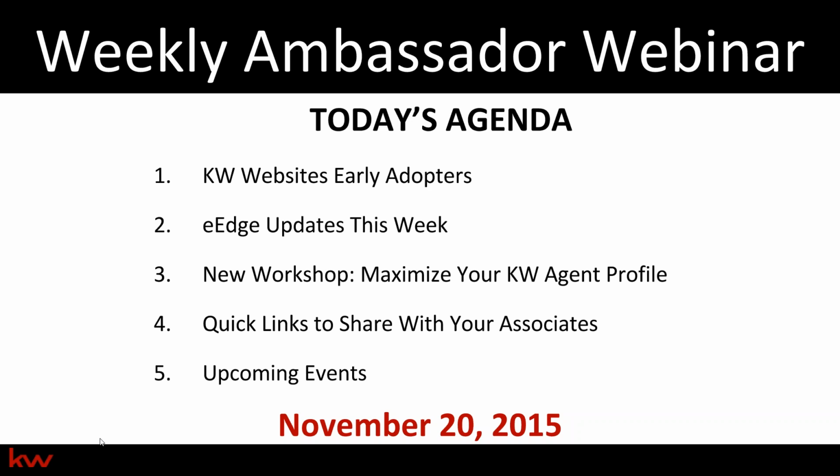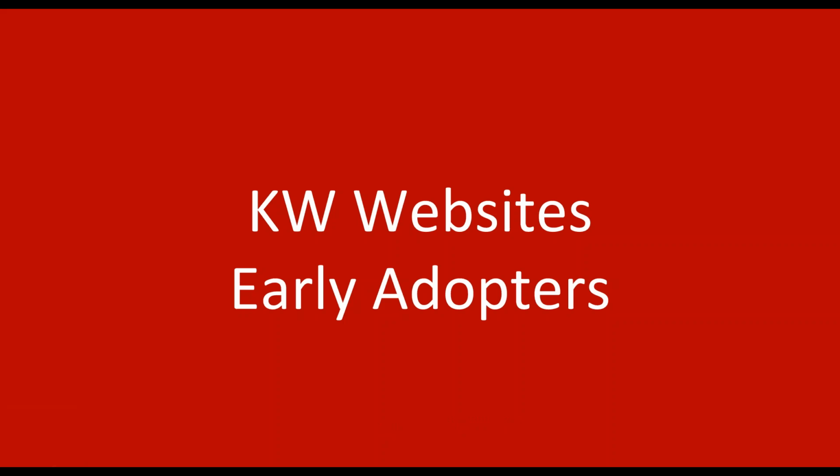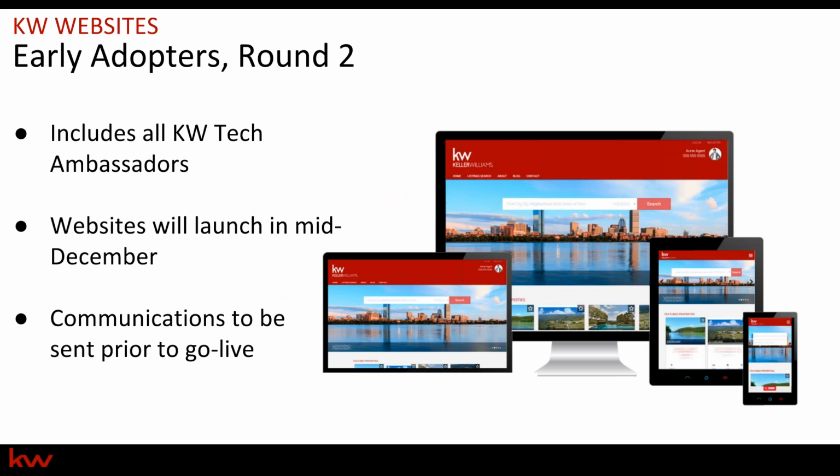I'm just going to advance the slides and start with topic number one, something I know that you're all excited about and curious about, and that's the new KW websites, the second round of early adopters. We spoke with the product team who is rolling out the new websites and confirmed they do have everybody's associate ID and email address that's in white pages if you are a technology ambassador.